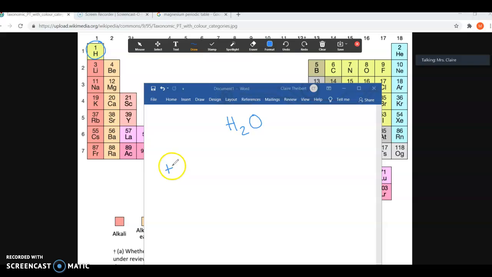So I'm going to write a hydrogen and a hydrogen, and since it has only 1, I'm just going to put 1 electron. So basically we have 2 hydrogen with 1 electron each. Oxygen, we only have 1. You don't see any little number. So oxygen, we look at the table, it has 8.